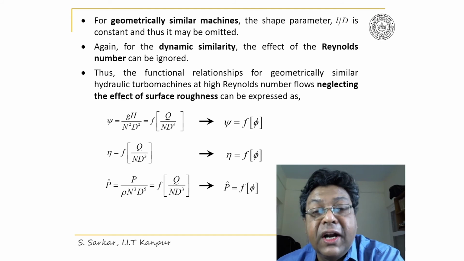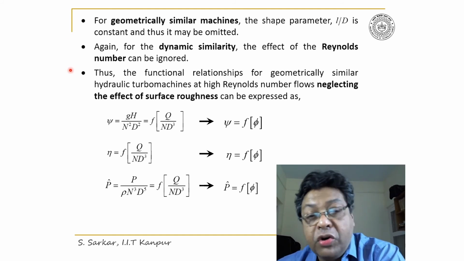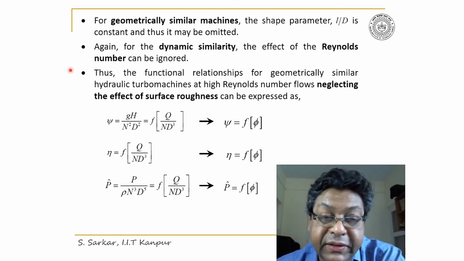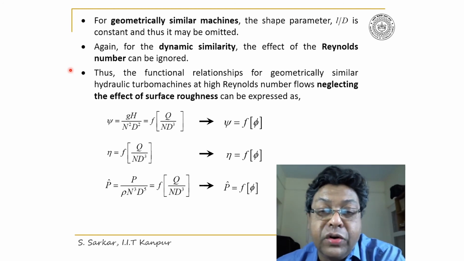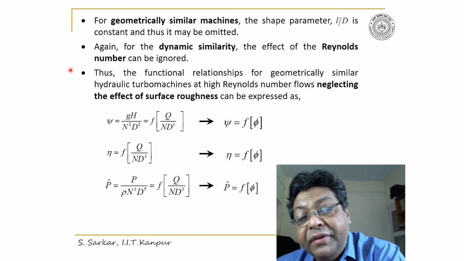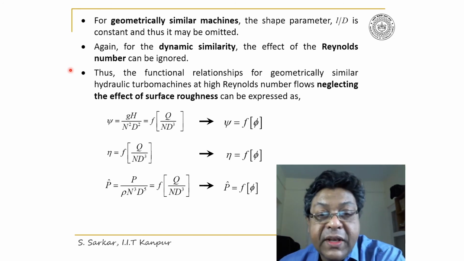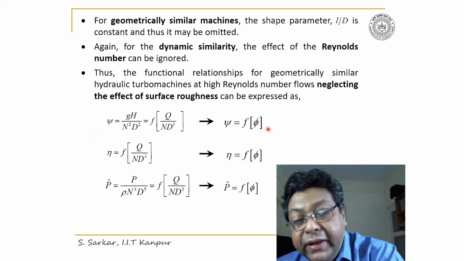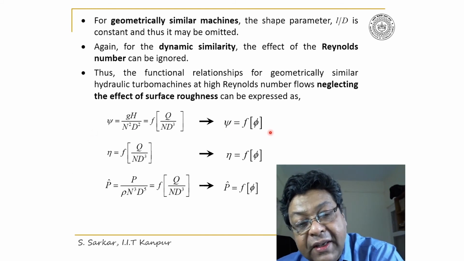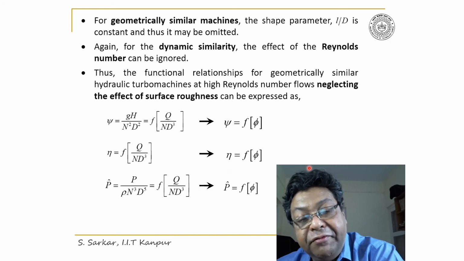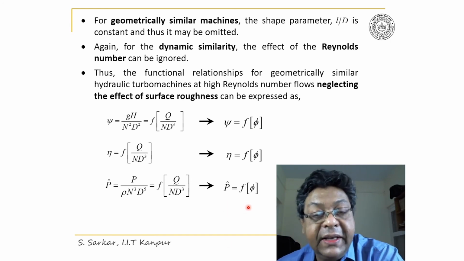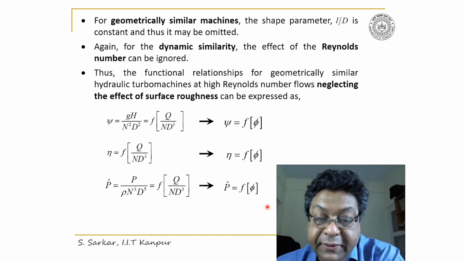Thus, the functional relationship for geometrically similar machines at high Reynolds number, neglecting the effect of surface roughness, can be expressed as psi is a function of phi, eta is a function of phi, and P tilde is a function of phi.